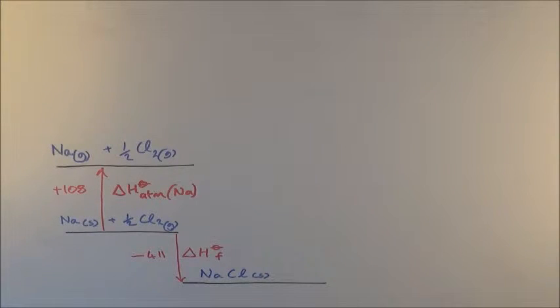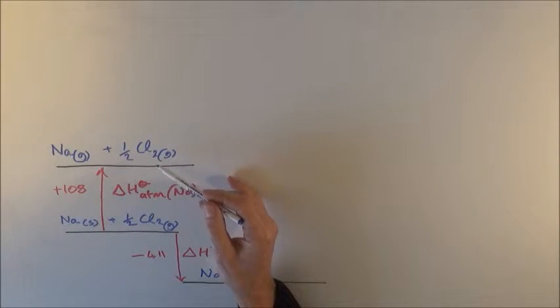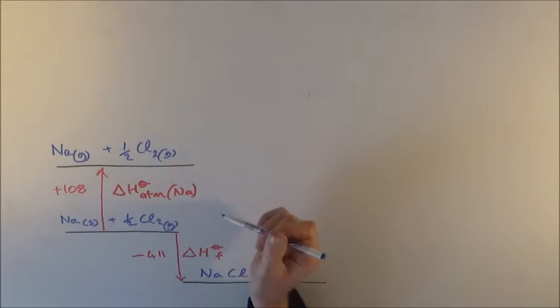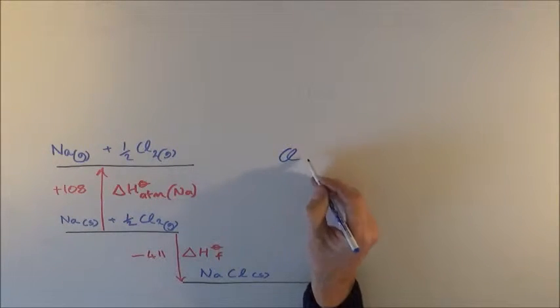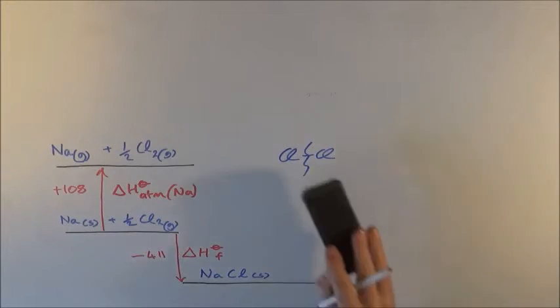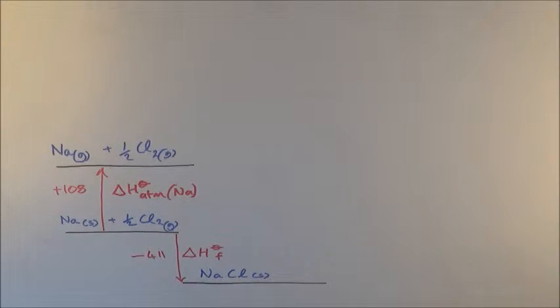And then we're going to do the same thing for the chlorine. Now, the chlorine is already a gas, but we don't actually have atoms. That's still a Cl2 molecule. We've just got half of them. I know it doesn't seem logical because half of a Cl2 is clearly a Cl atom, but remember it's half of a mole, so it just means 3 times 10 to the 23 instead of 6 times 10 to the 23.